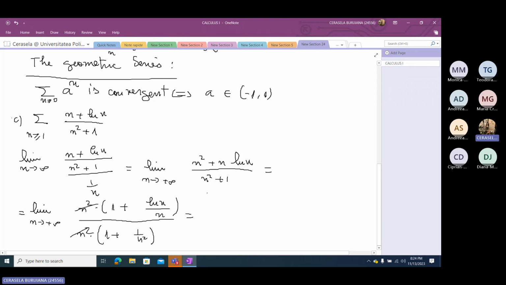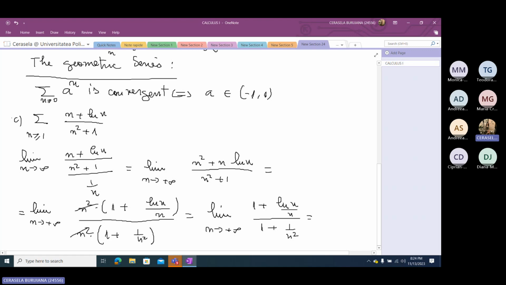Right, n squared goes away, and now I get the limit when n goes to infinity of 1 plus the logarithm of n over n, everything over 1 plus 1 over n squared. Okay, but 1 over n squared, everybody knows that's 0.